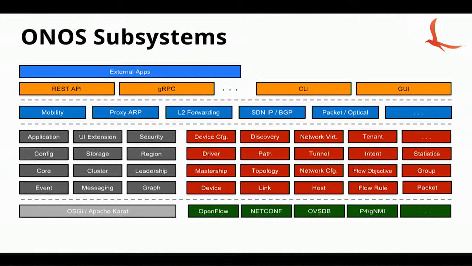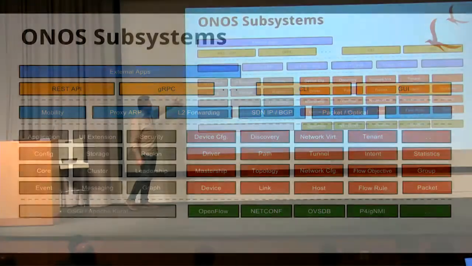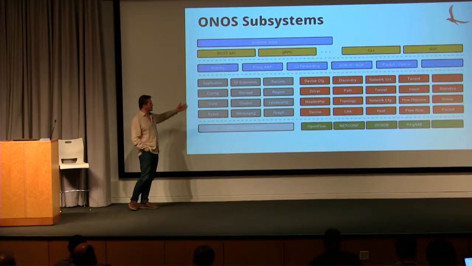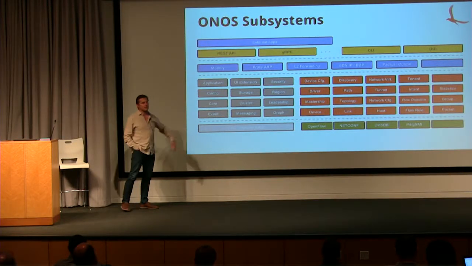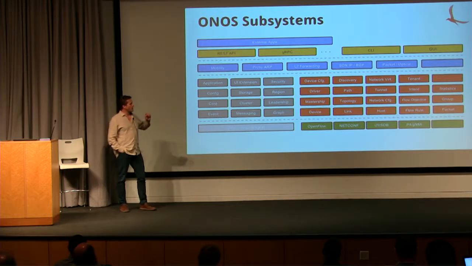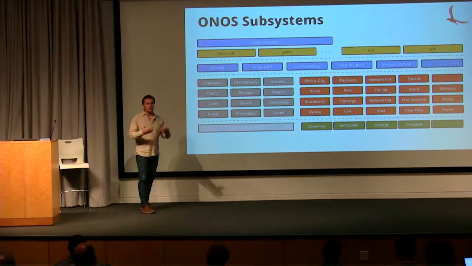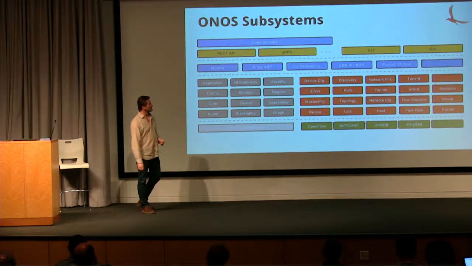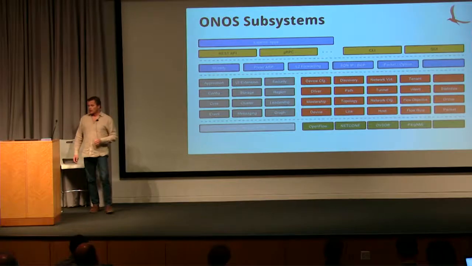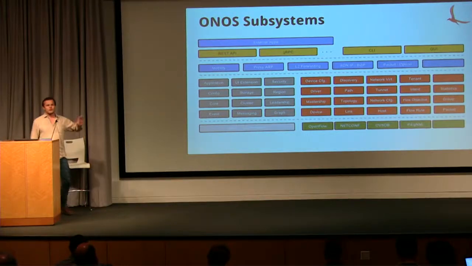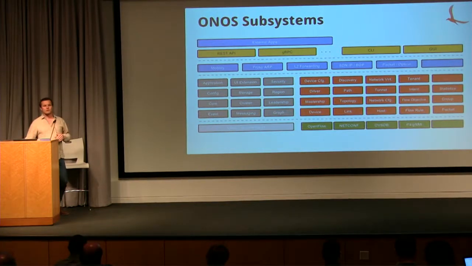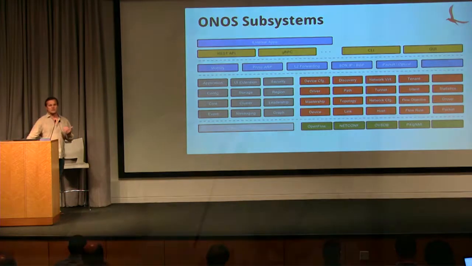Some of those subsystems are completely platform agnostic, such as various horizontal services like application management, configuration management, storage, distributed systems management, and so forth. And some of them are aimed at providing the network control and network management domain type stuff. The point here is not to go over the inventory of these subsystems, but simply to convey that ONOS is a modular and extensible entity.